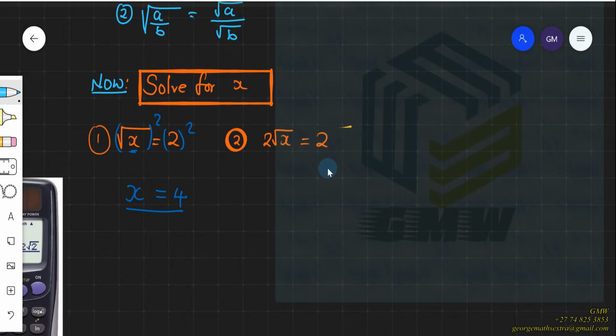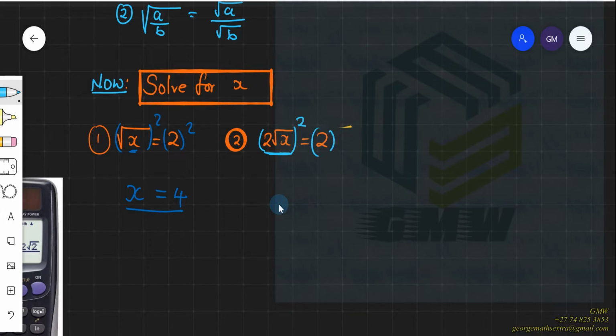Again, I have the term that has the square root of x on one side of the equal sign. I could solve this by dividing both sides by 2 and push this question to look like the first one. However, for a specific reason, for what you will notice later, I am going to follow the idea of squaring both sides. Since the term that has square root is alone on one side, I am squaring both sides.